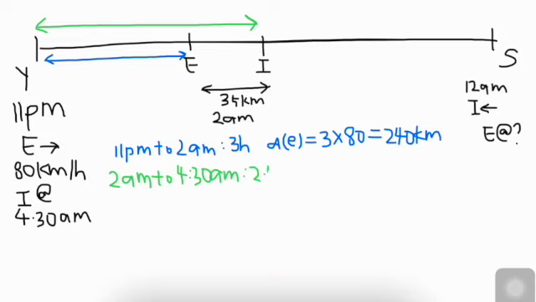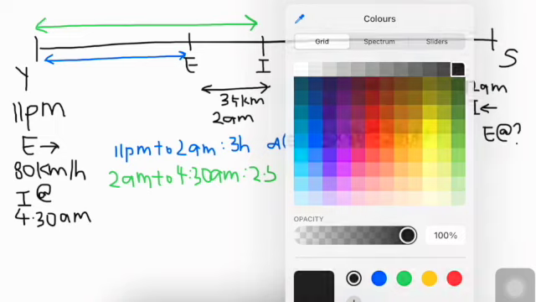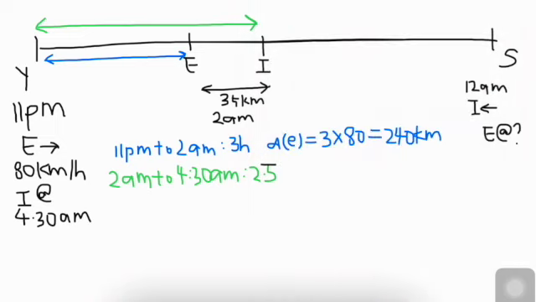So first we will calculate that 2 a.m. to 4:30 a.m. is 2.5 hours. The distance traveled by I will be equal to the distance in blue plus 35 kilometers. This will give us 275 kilometers.